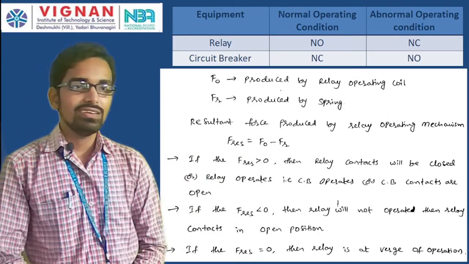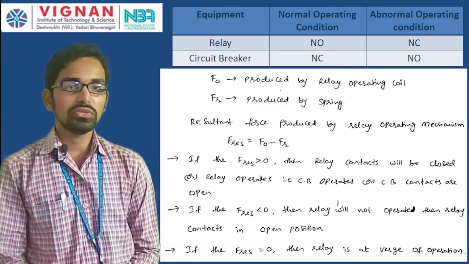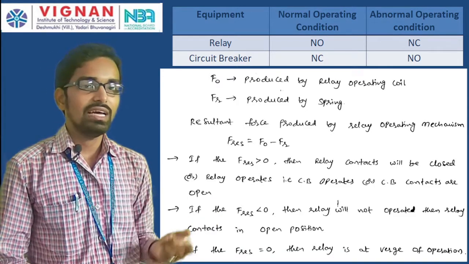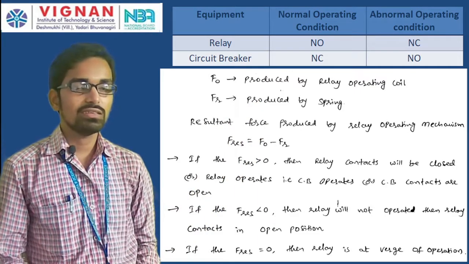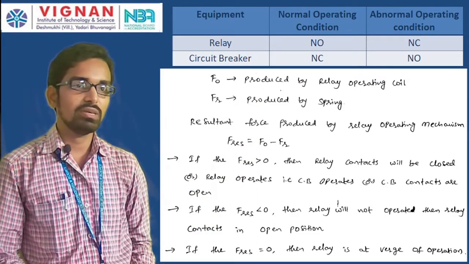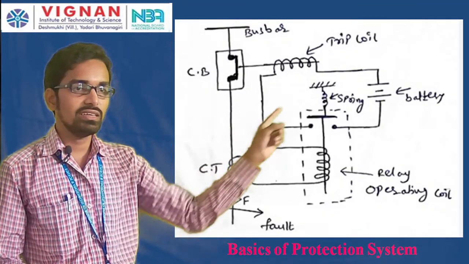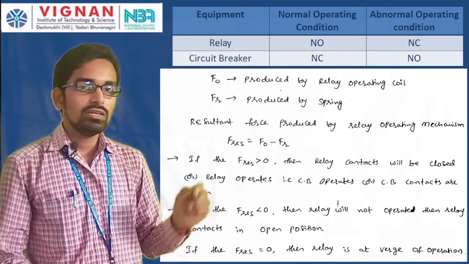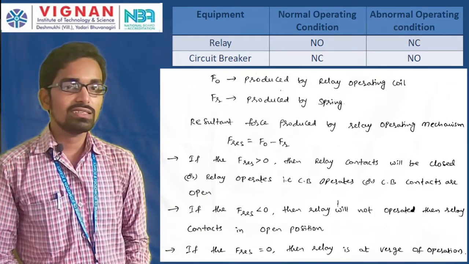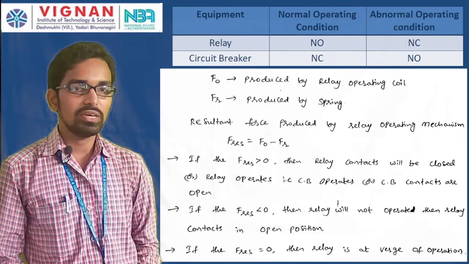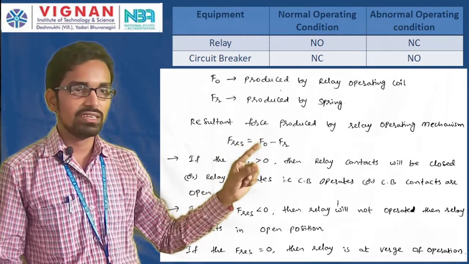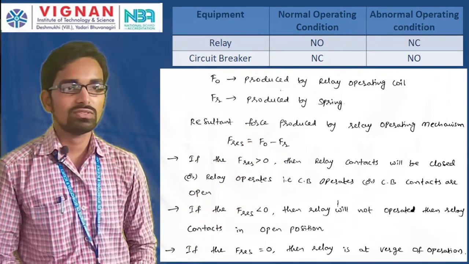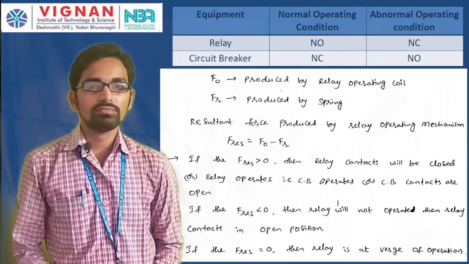As I said, the operating force F naught is produced by the relay operating coil, that is ROC, and Fr, the restraining force, is provided by the spring. So, if you consider the resultant force produced by the relay operating mechanism, F resultant, it is equal to operating force minus restraining force, F naught minus Fr.